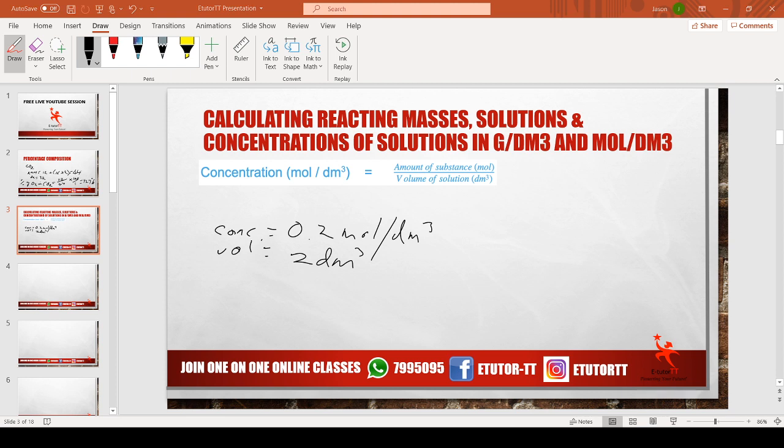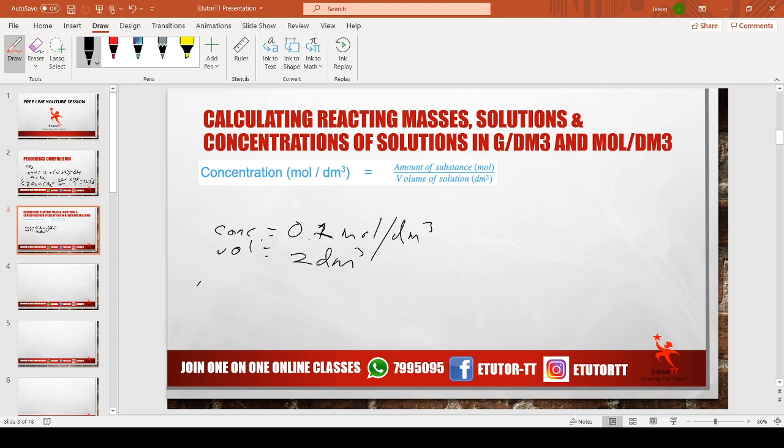To calculate moles, we multiply the concentration by the volume, because you rearrange the equation.